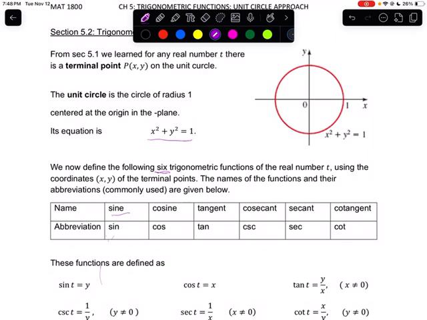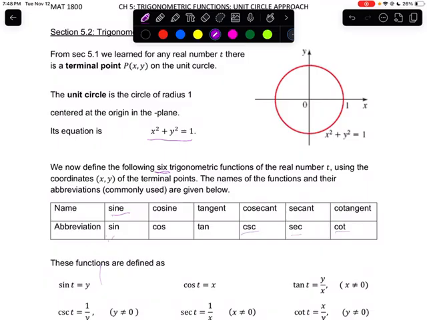Cosecant is csc, secant is sec, and cotangent is cot. While writing we use these abbreviations, but we read the whole name.